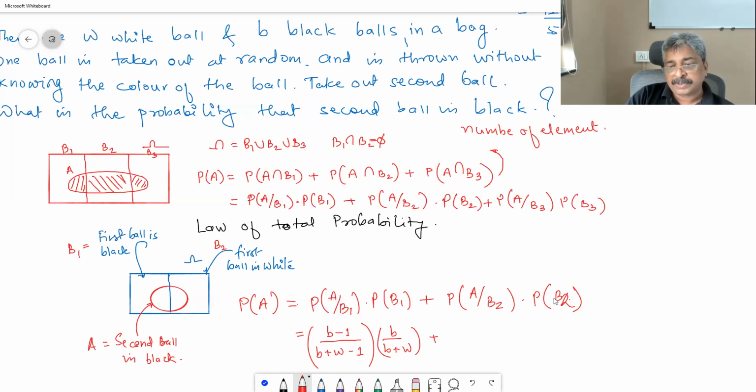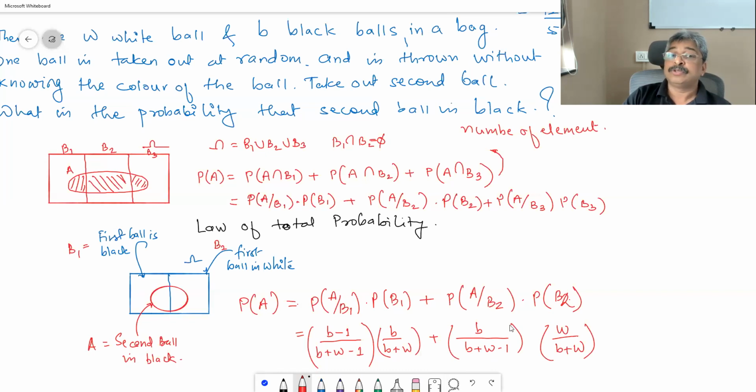the probability of the second one is easy. First ball is white, which is W upon B plus W. This is always easy. And the probability that the second ball is black given the first ball is white: so we have all the black balls available, B divided by B plus W minus 1.